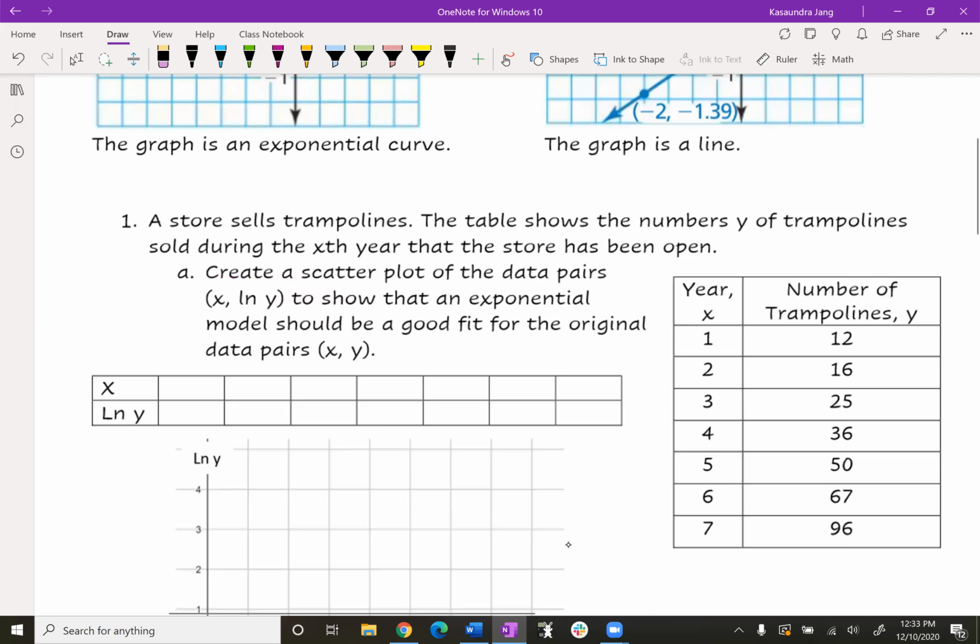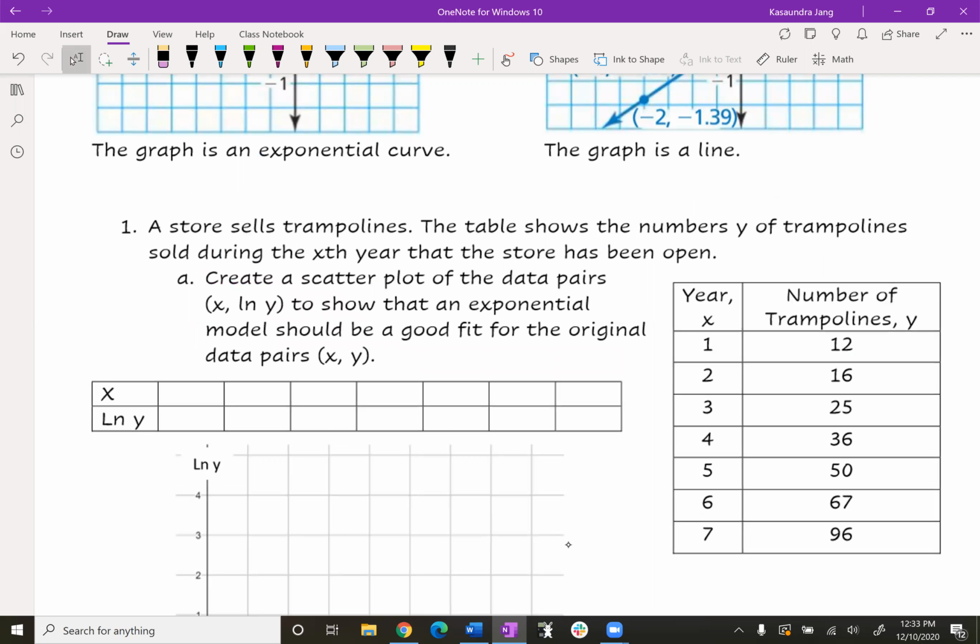All right, so here's what we're gonna do. My X's are all gonna stay the same. So I still have 1, 2, 3, 4, 5, 6, 7. Those didn't change. It's now the Y's. I don't have straight up Y now. I have natural log of Y. So these Y's, I have to take the natural log of.